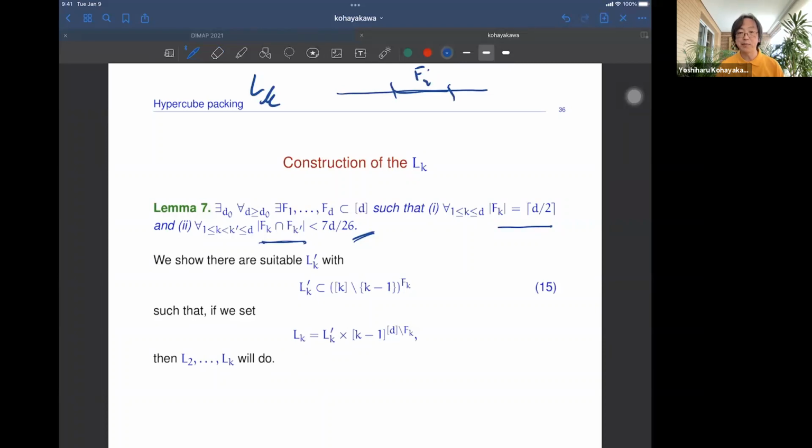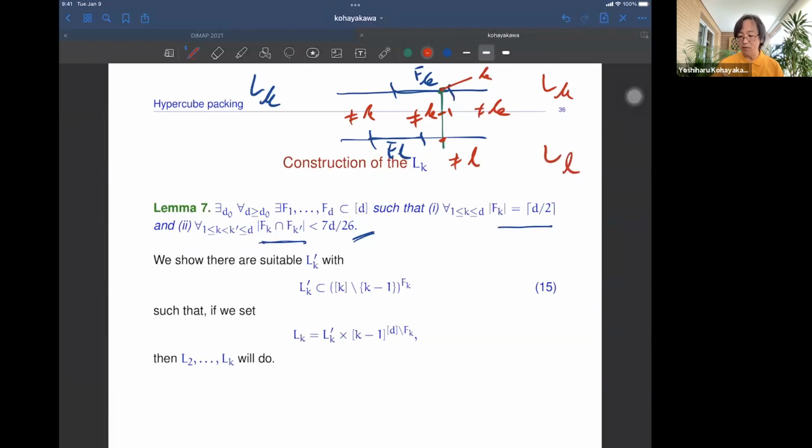If this is the FK member of the set system, I just say, well, in these coordinates I don't want K minus 1, and in the other ones I don't want K. And then again, if I have some FL, you use crucially that FK has some coordinates outside FL, and you force this guy to be K, and this guy is not L. Anyway, this is how in some fixed coordinate you avoid intersection between members of LK and members of LL.